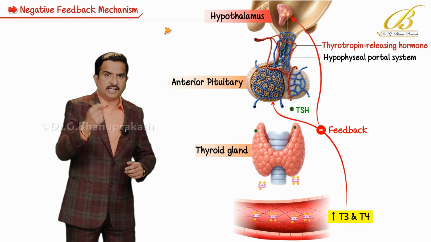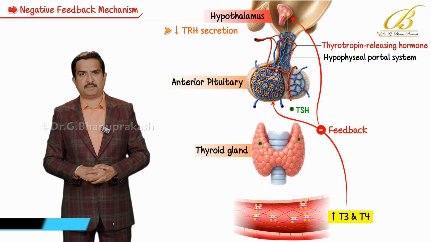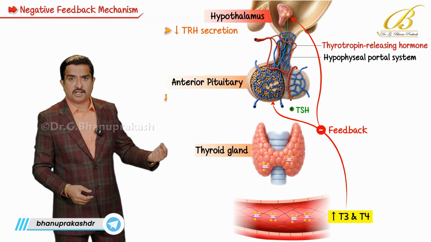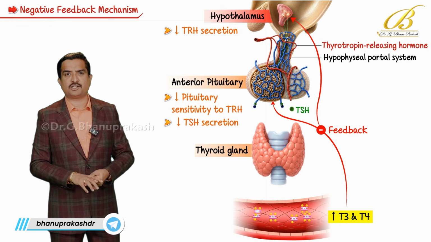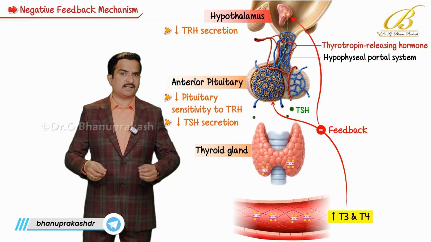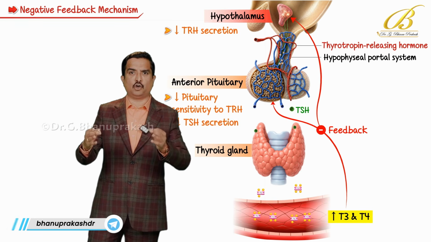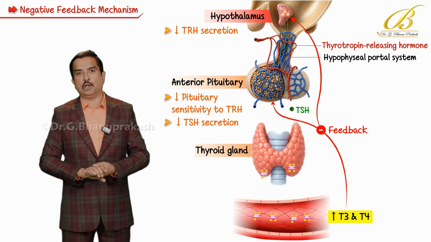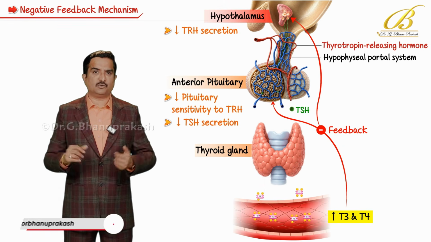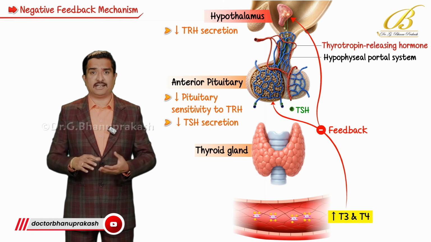They decrease TRH secretion from the hypothalamus, so there will be decreased pituitary sensitivity to TRH and decreased TSH secretion. So the body maintains a very tight control over thyroid hormone levels via an elegant negative feedback loop. This is how thyroid hormones are regulated.